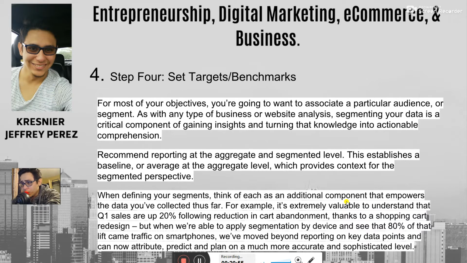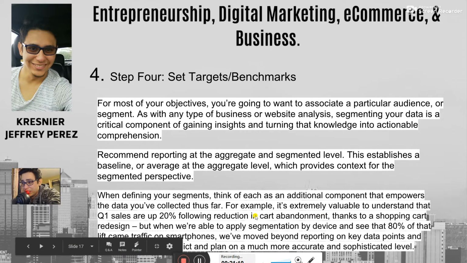So for example, it's extremely important to understand that Q1 sales are up 20% following a reduction in cart abandonment. So what this is saying is that your numbers might have told you that you needed to improve upon the design of your cart page. After you fixed that during Q1, the first 3 months of the year, there was a 20% increase in sales thanks to the shopping cart redesign.